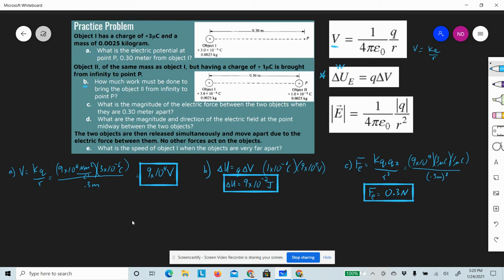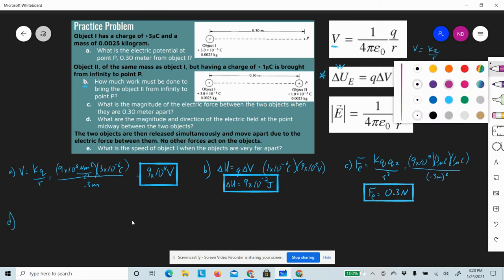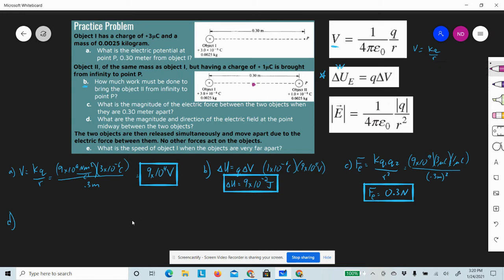All right. D, electric field. In the center, kind of an interesting point here. The E in the center here, there's going to be an electric field from object 1 that way.